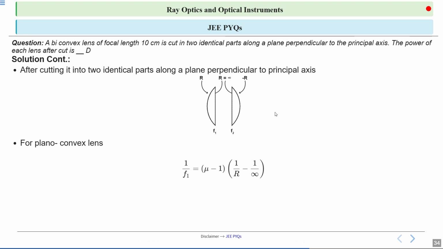Here f1 is the focal length of the first plano-convex lens. For the first surface, radius of curvature r1 is r, and for the second surface, radius of curvature r2 is infinity.